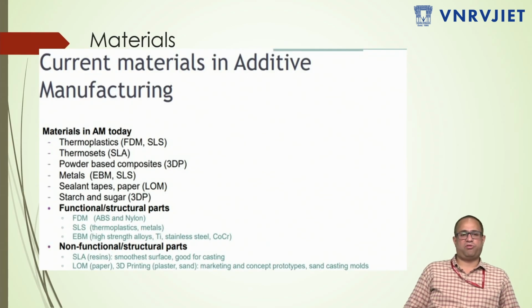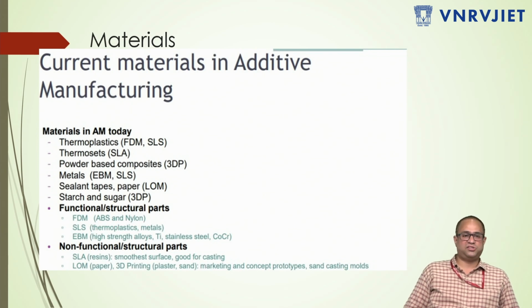And coming to materials, what are the common materials used in additive manufacturing? Mostly metals, polymers, and also liquid resins. Coming to polymers, thermoplastics are used mostly by FDM, fused deposition modeling, and selective laser sintering. Thermosets, in the form of liquid resin, are used by SLA, and powder-based composites are used by three-dimensional printing, also called binder jetting.